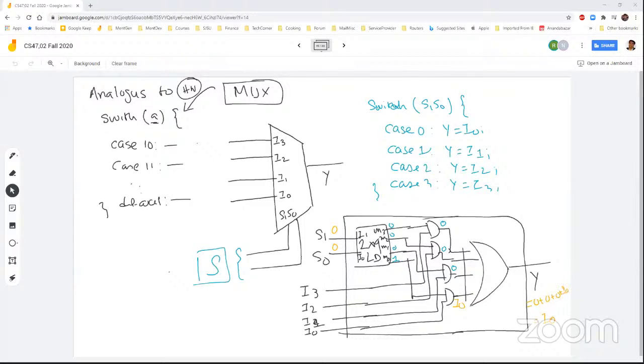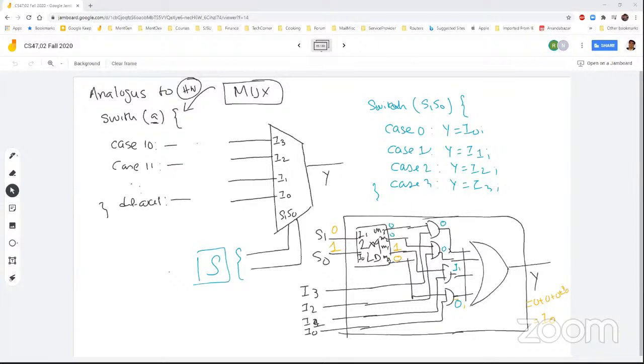Now let's say you change it to 0, 1. In that case, I'll have M1 as 1 and M0 as 0. So ultimately, this output will become 0 and this output will become I1.